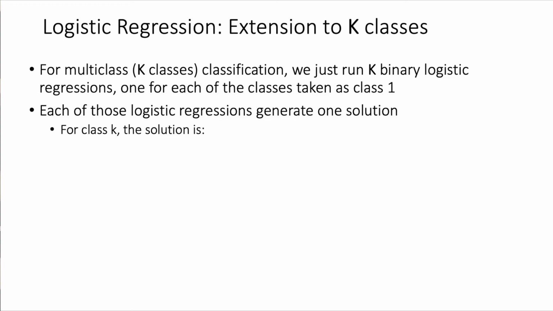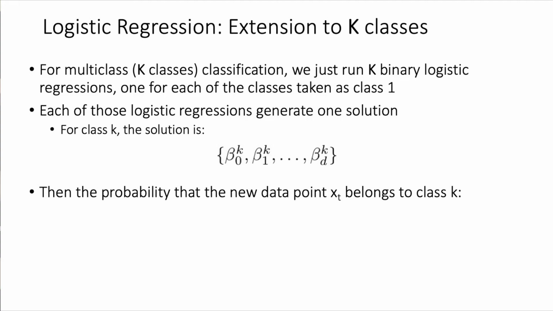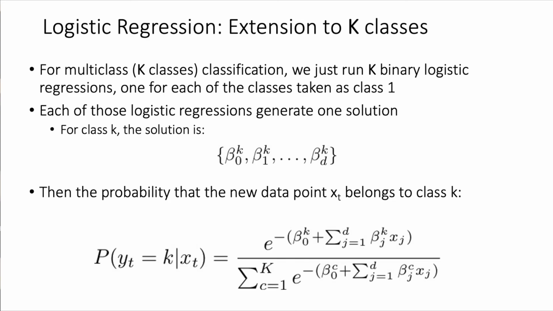So each of those logistic regressions will generate a solution, a vector of betas. So we're gonna have k beta vectors, one for each of the classifiers. And later, the probability that a new data point belongs to class k is basically a generalization of the sigmoid function, as we can see in this equation.